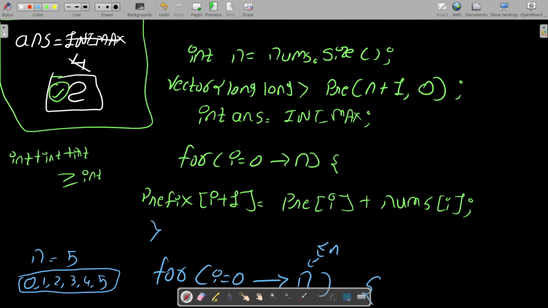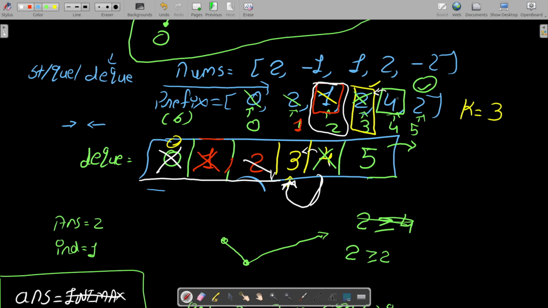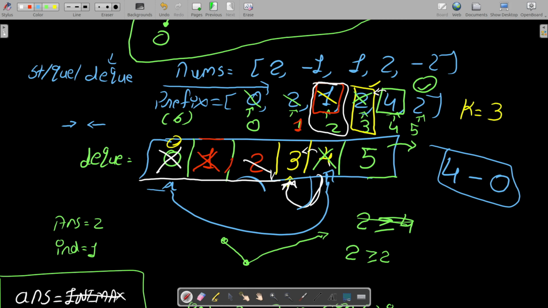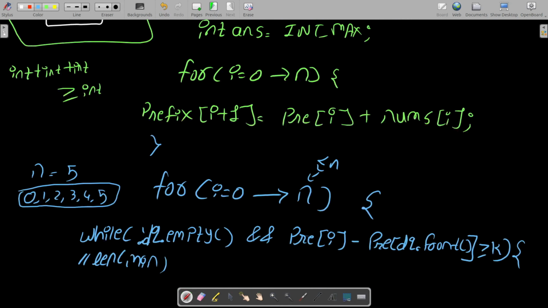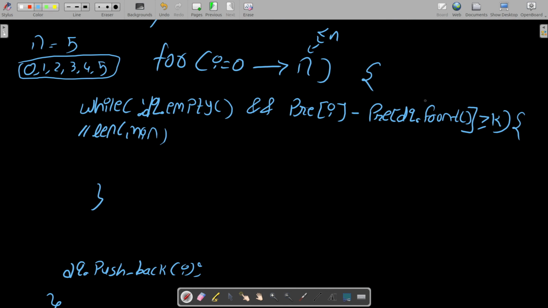I hope you remember the condition that at this point we have checked in the front how many elements are there and what was its index, and we have taken this condition, then after removing this 0. So I write this same thing from the front to our current index, and we will update our answer.